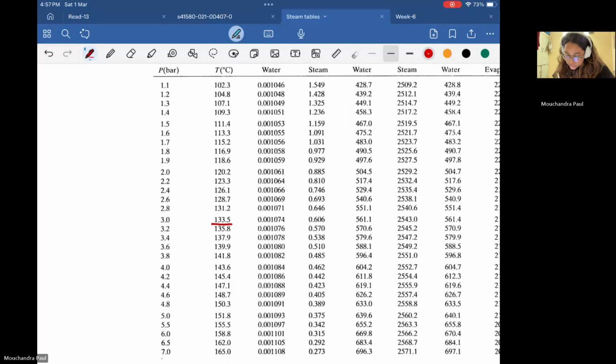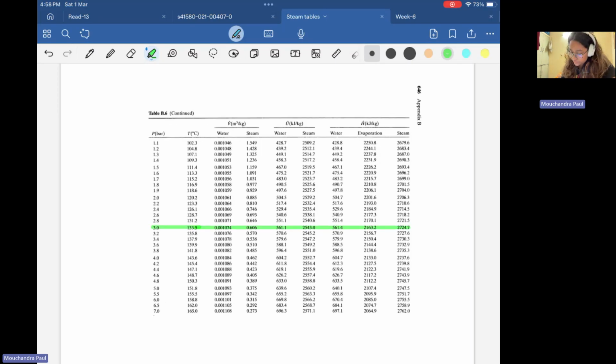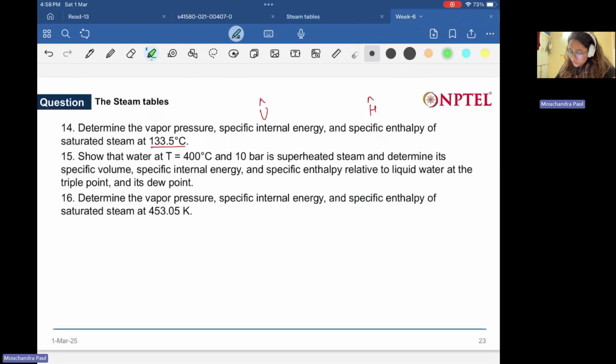Okay, so at 133.5, the pressure is 3. Let me highlight this entire row. Okay, this is the row that we are interested in for this particular question. What are we asked? We are asked the vapor pressure.